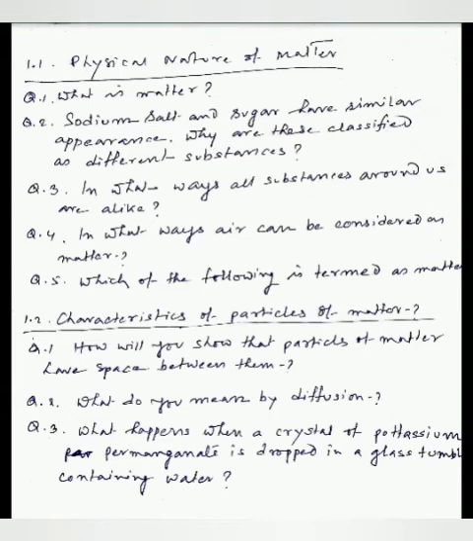Otherwise, if the particles of the matter did not move, so what could happen? Its color may not color the entire water. It indicates the particles are moving continuously. That's why it is spreading throughout the water and the water becomes colorful. I think you have understood that question also.